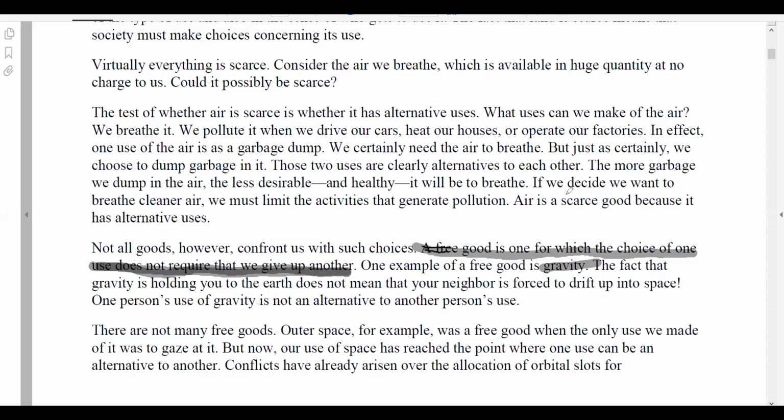No, it means you can actually view the stars all at the same time. So the stars are also a very good example of a free good, because when one is enjoying viewing them, they cannot exclude other people from also enjoying them. So they are free goods.